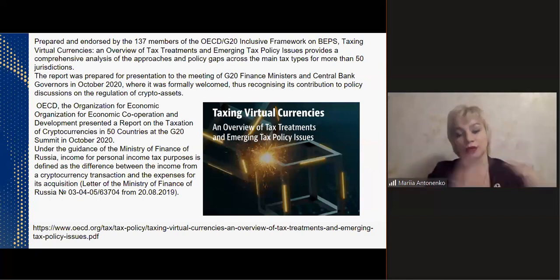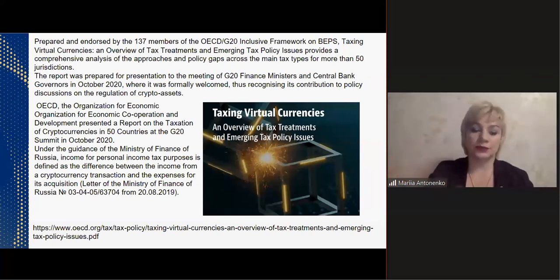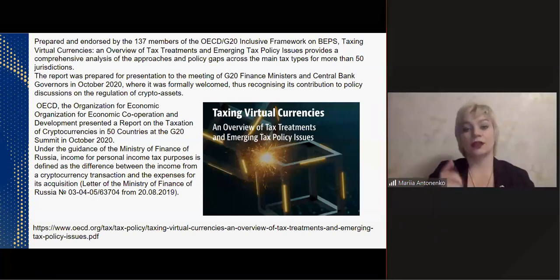Whereas before, they were interested only in foreign currency transactions in euros, dollars, Japanese yen. Today, the governments of the major countries in more than 50 jurisdictions discussed the taxation regimes and how to levy taxes from cryptocurrencies.